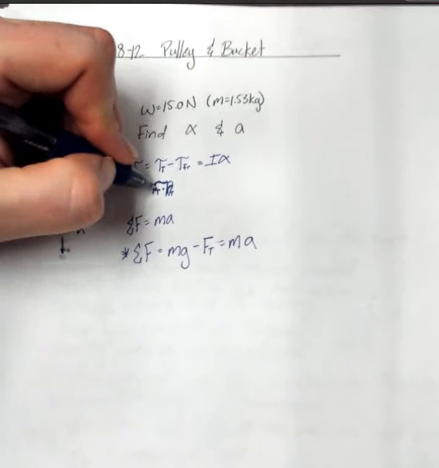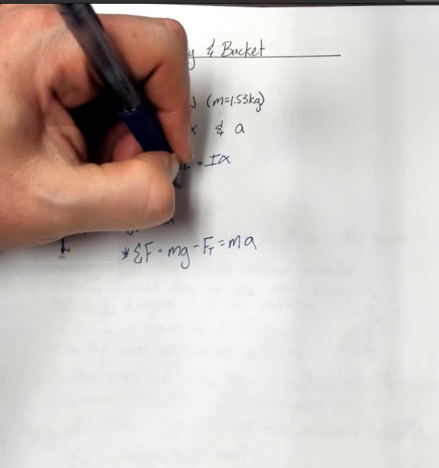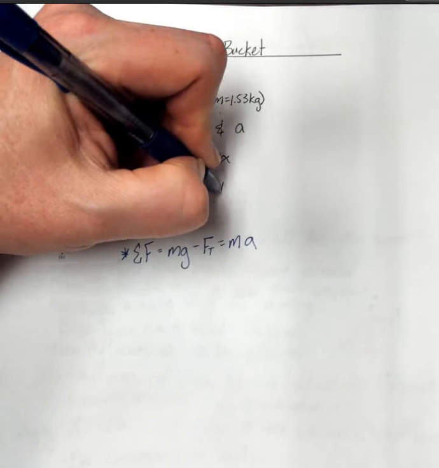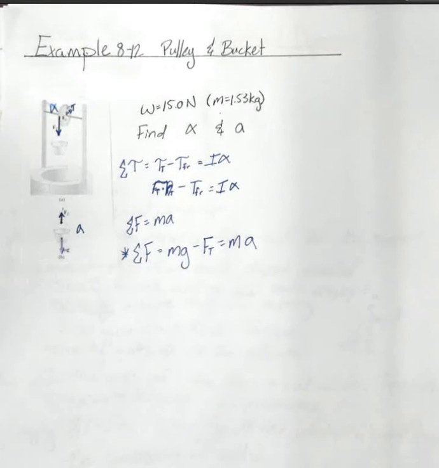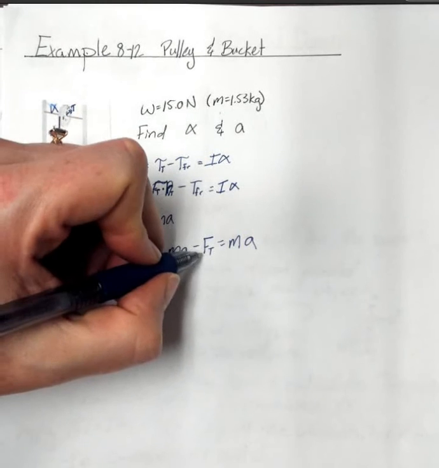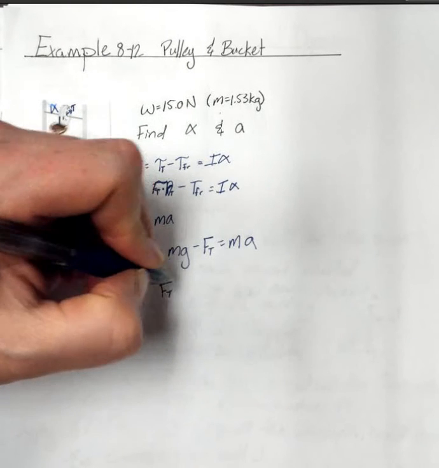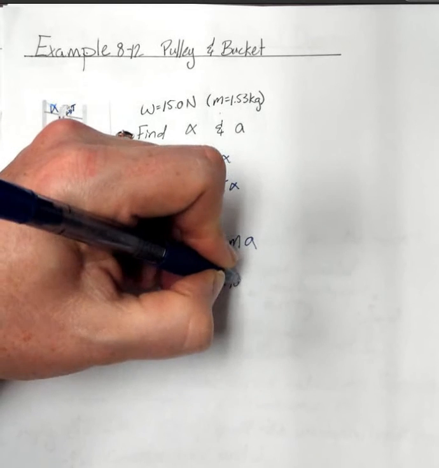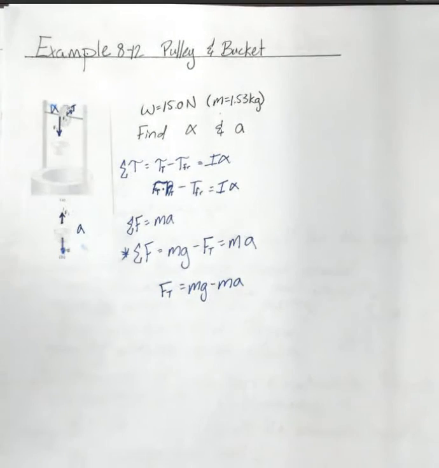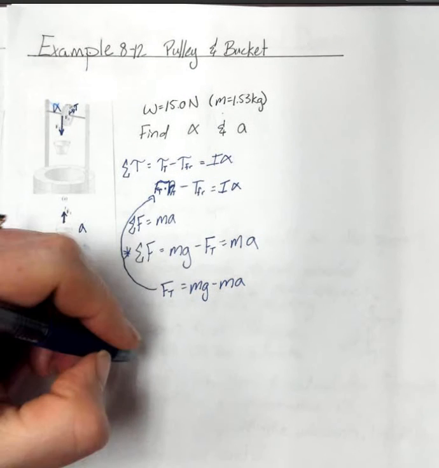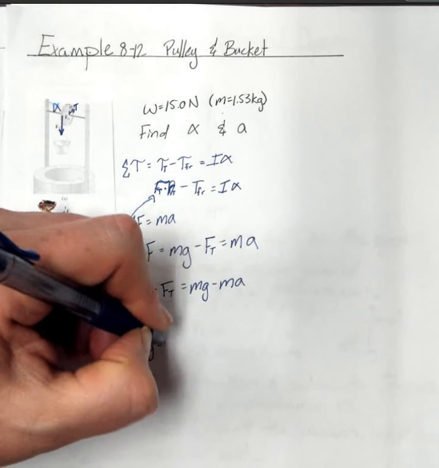So the force of tension times the radius of the pulley, minus the torque from friction, will equal the moment of inertia times the rotational acceleration. I can solve the bucket equation for the force of tension. The force of tension is going to be mg minus ma. Okay, let's plug that in.